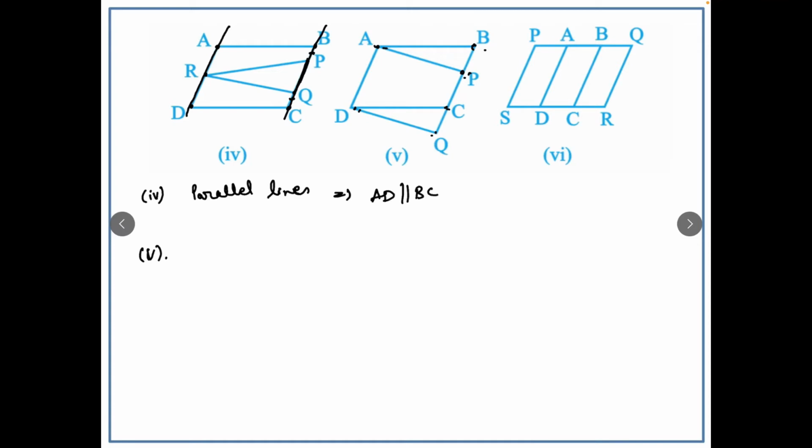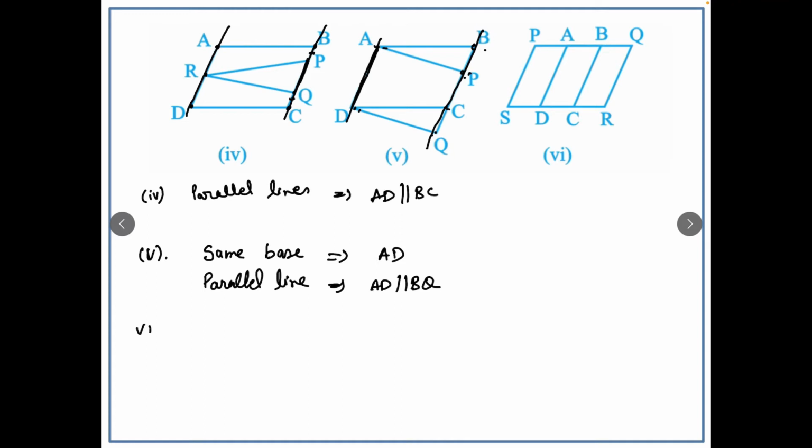Or you can say that we have two parallelograms. In both cases we have a common base which is AD. So for this figure, the common base here is AD, and for the parallel lines, if you extend this line and this line, you will see that all the vertices are lying on this line. So AD is parallel to PQ.